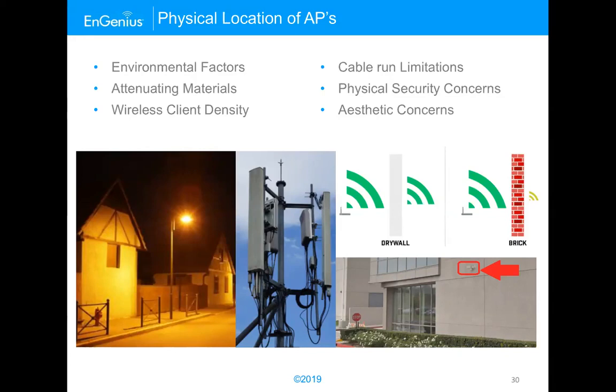So the antennas get the physical protection, and the infrastructure I need access to, to reset it, is also protected, because it's very unlikely someone will run around with a ladder and be resetting your access points. Also cable run limitations, and it's important that you have the right cable type as well for outdoor deployments. The wrong cable will cause a premature failure.